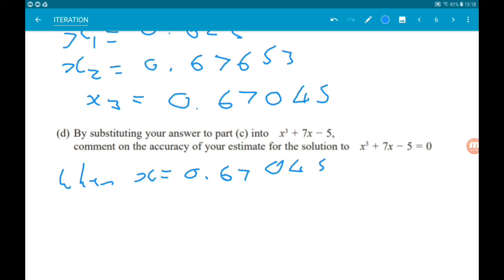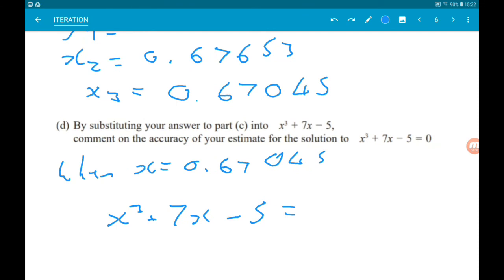So we get x cubed add 7x minus 5 is equal to minus 5.5 with a lot of other decimals that don't really matter, times 10 to the minus 3.